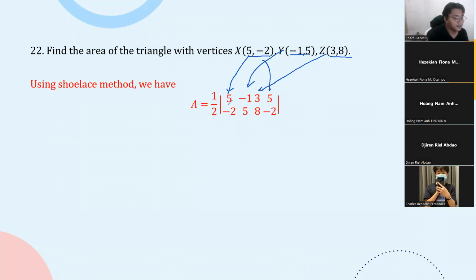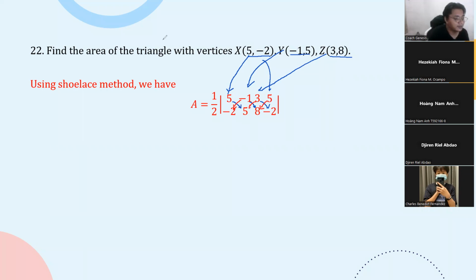Okay. So why is this called the shoelace method? That is because in order to get the area, you must add all the products of this one: 5 times 5, -1 times 8, and 3 times -2. And then you subtract the sum of the products of -1 times -2, 3 times 5, and 5 times 8.